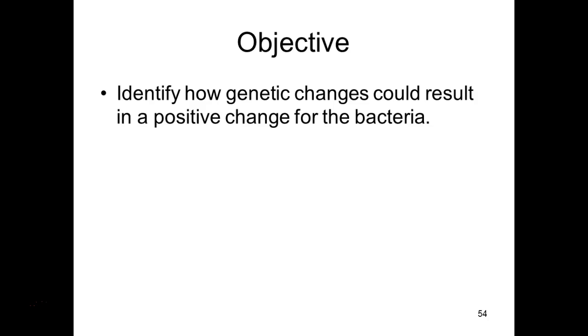Transformation happens. Transduction happens. Conjugation happens. Right? Sharing this information can be beneficial. Obviously, gene transfers are much more beneficial than mutations, right? Because you know what you're getting, potentially.